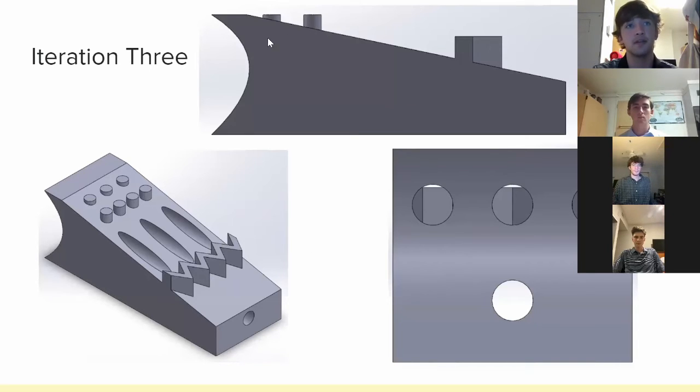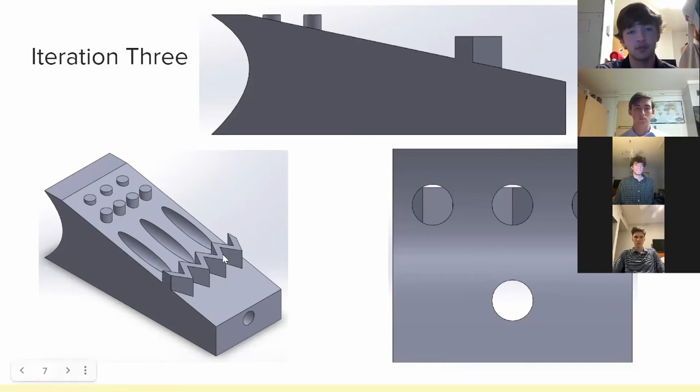So we took the pillar idea and applied it to the top. These weren't well spaced at all, which is another problem that we'll address later. But we did integrate a nonlinear weir on the front of our structure, because nonlinear weirs are more effective at holding more water back because they have more surface area for the water to push up against.